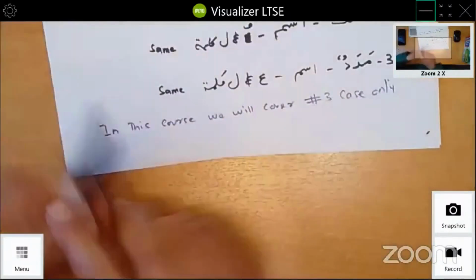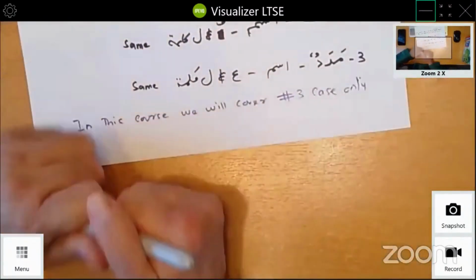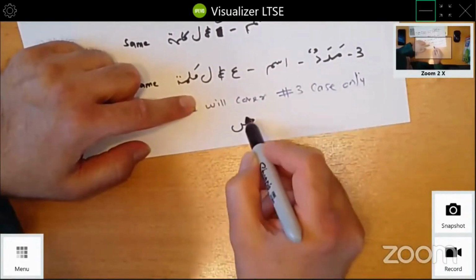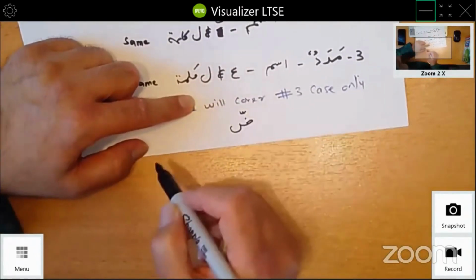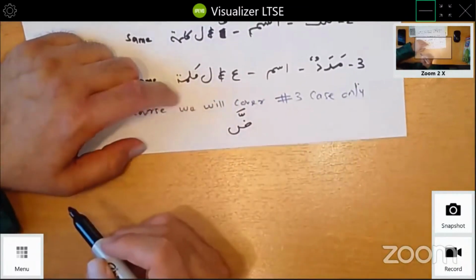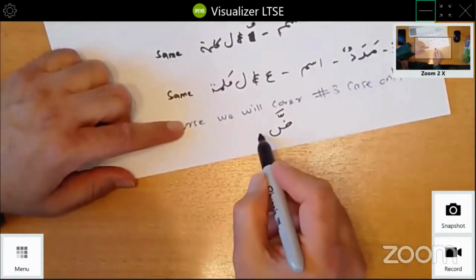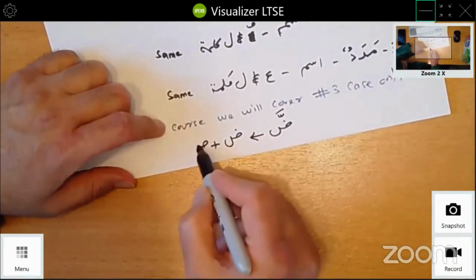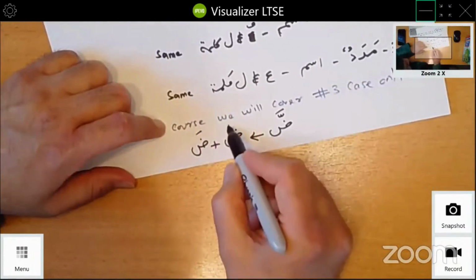For example, if I have dad, we have shadda, and I have the fatha on it. You know how to expand it? You would say dad plus dad with the fatha and sukoon.